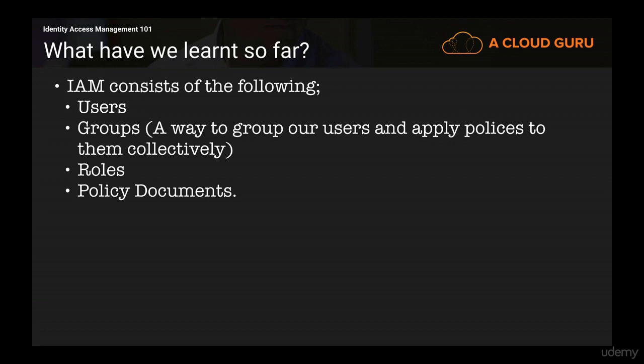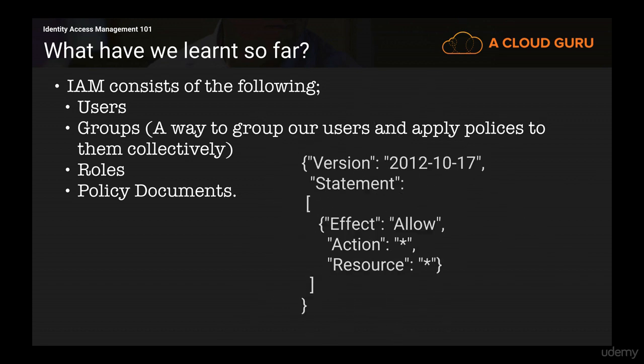Our policy documents are made up of JavaScript Object Notation, otherwise referred to as JSON, and essentially it's a key value pair. That key value pair consists of an attribute followed by a value. If you remember from our administrator access in the lab, we saw something like this. We have our attribute, which is version, and then our value, which is the date, and then our attribute, which is the statement, and then our values.